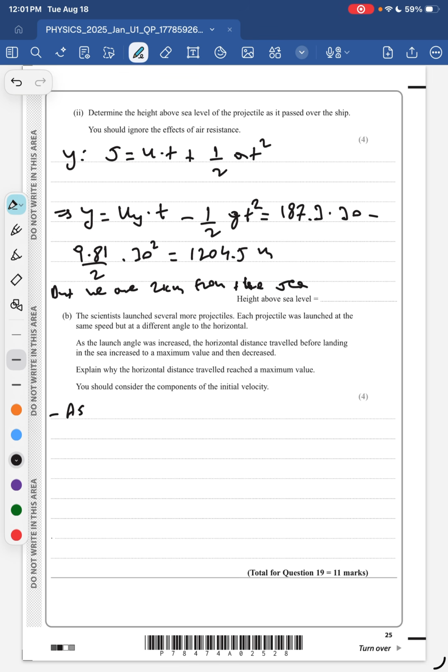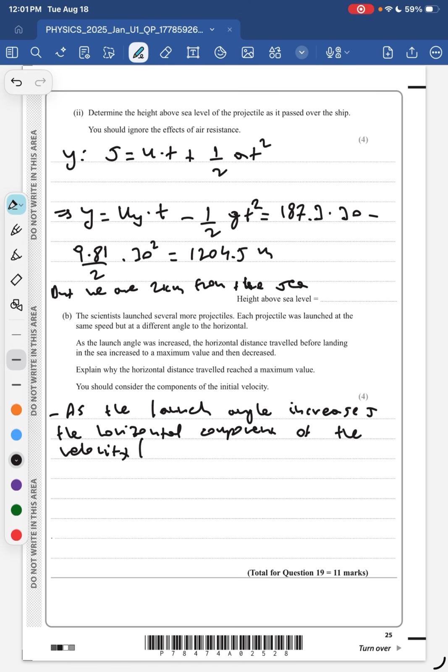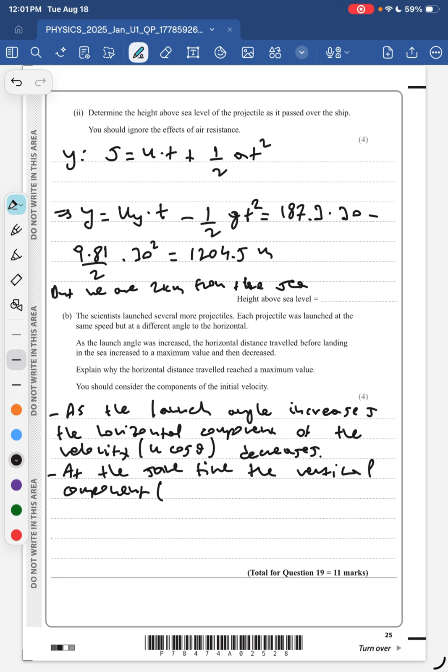So, as the launch angle increases, the horizontal component of the velocity, which is u cosine theta, decreases. At the same time, the vertical component, which is u sine theta, increases.